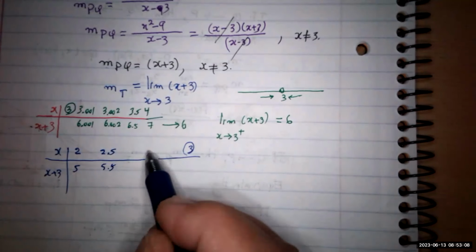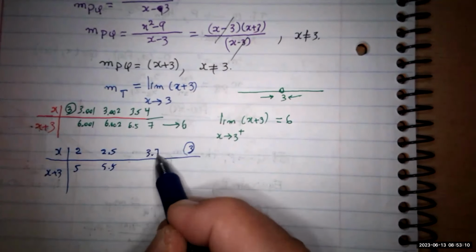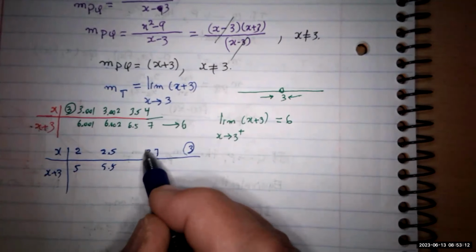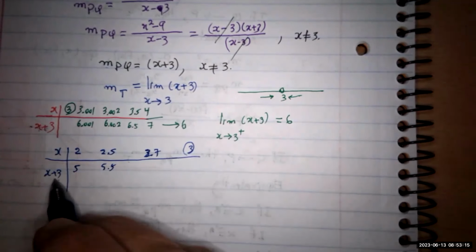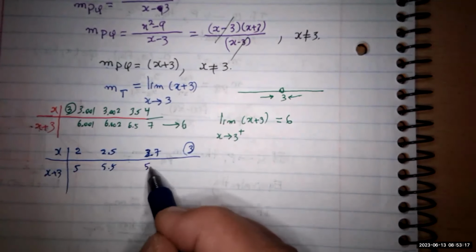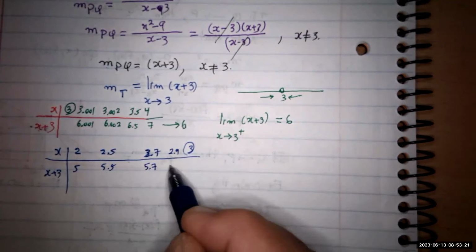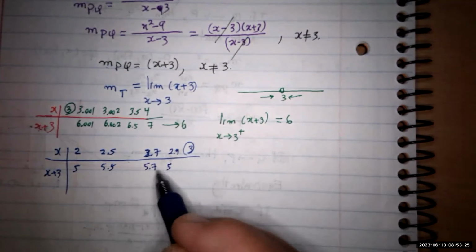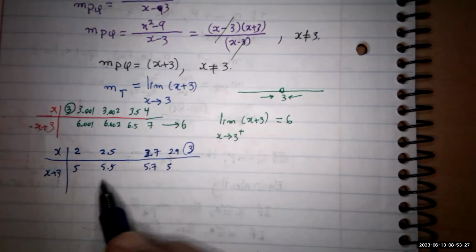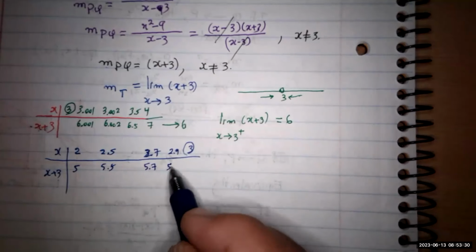And if you pick 2.7, that gives you 5.7. If you pick 2.9, that gives you 5.9.